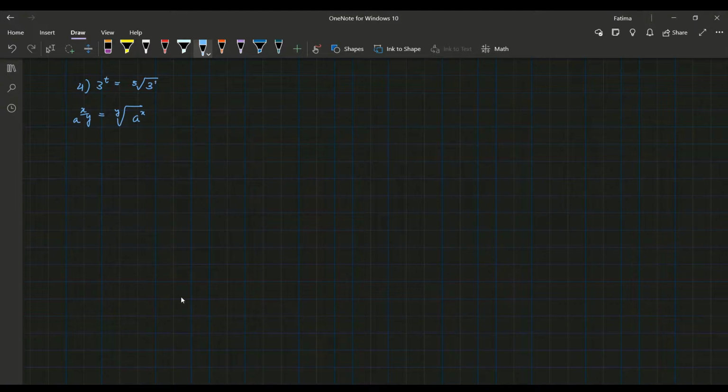So in this case, the power of 3 is 1 and the root over here is 5. So essentially this would be 3 raised to 1/5. So the base is the same, 3 and 3, so t is equal to 1/5. If the base was not the same, we would have to try to make it the same and then see what the power will be, and t would be equal to that power.